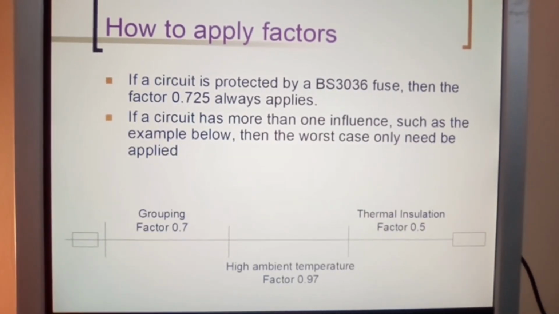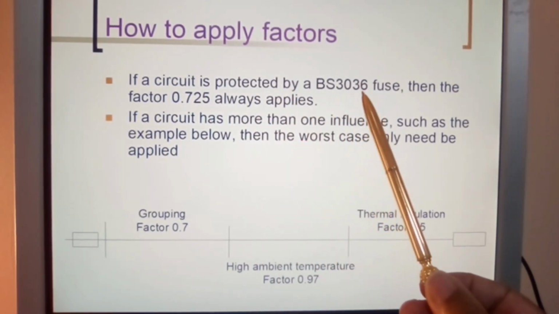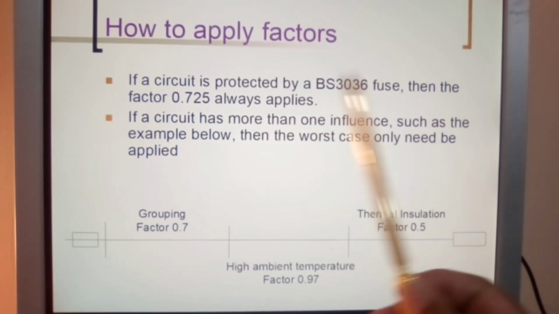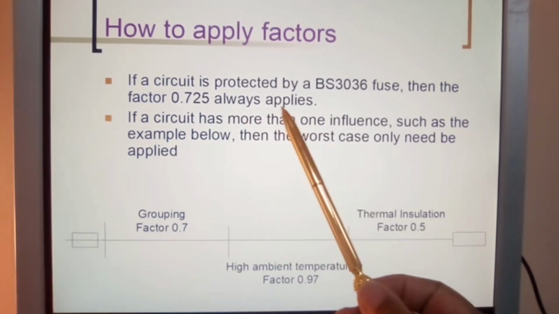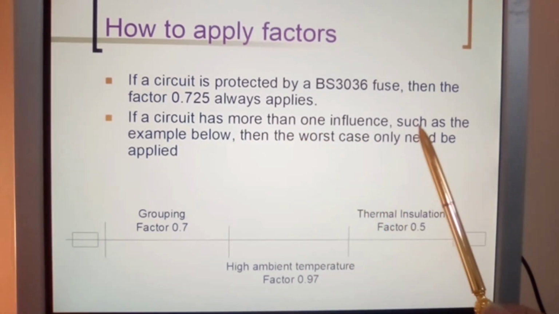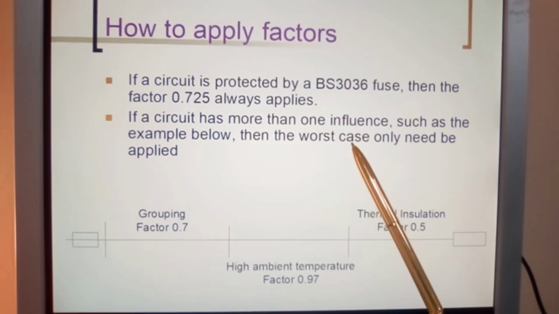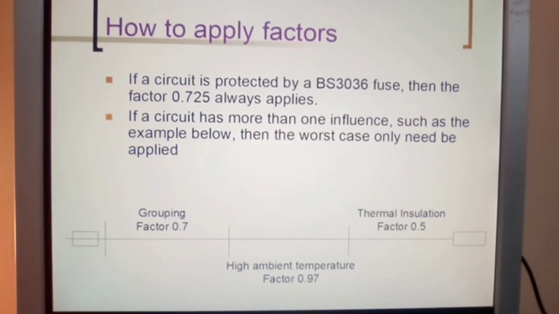How to apply factors? If a circuit is protected by a BS3036 fuse, then the factor 0.725 always applies. If a circuit has more than one influence, such as the example below, then only the worst case needs to be considered.